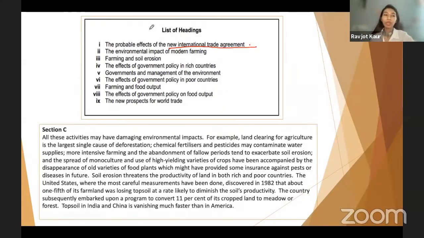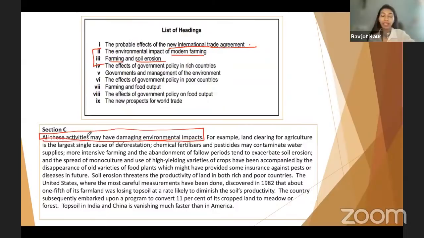Okay, so I believe you're getting confused between the second and the third one. Most of the answers that I'm getting are between the second and the third one. Second is the environmental impact of modern farming, and third is farming and soil erosion. Okay, let's look at it now. All these activities may have damaging environmental impacts. That is the topic sentence.